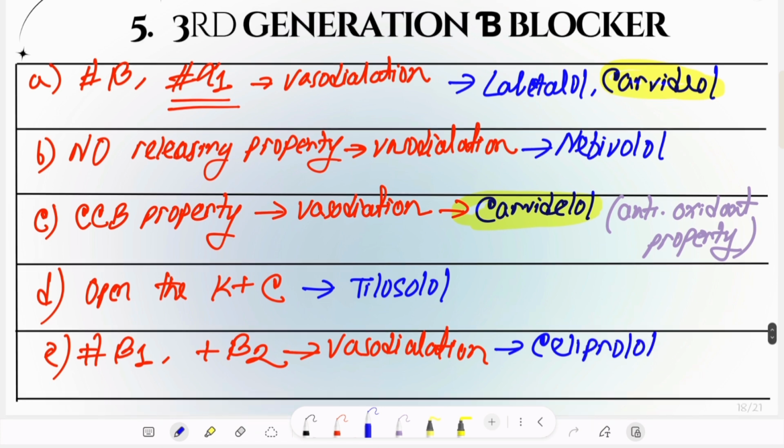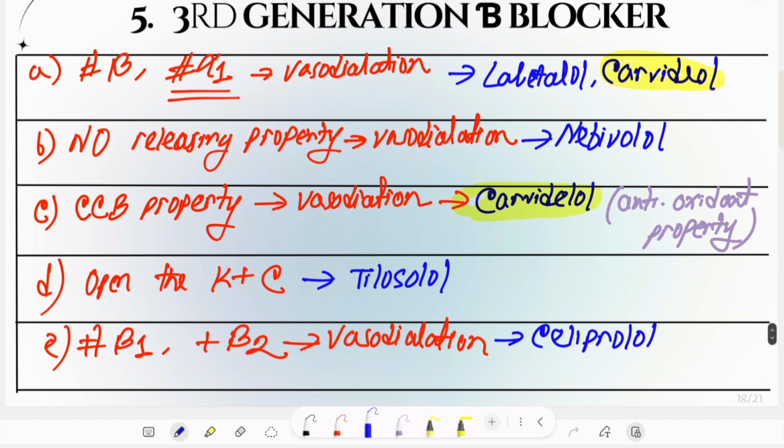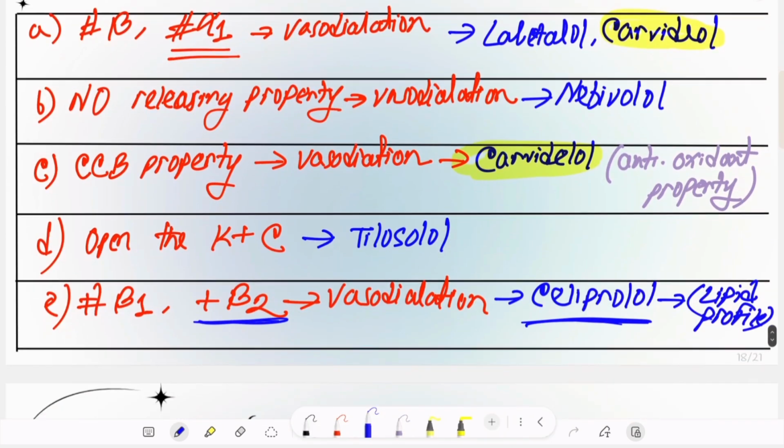We know that normally beta blocker causes dyslipidemia by blocking the beta 2 receptor on the liver. But this drug celiprolol stimulates the beta 2 receptor on the liver. So these drugs additionally help in lipid profile. So these are the 5 properties of beta blockers.